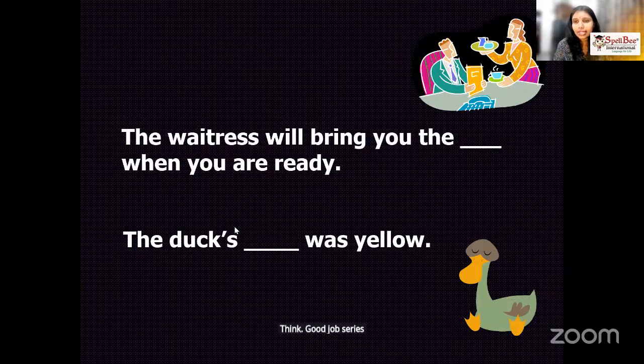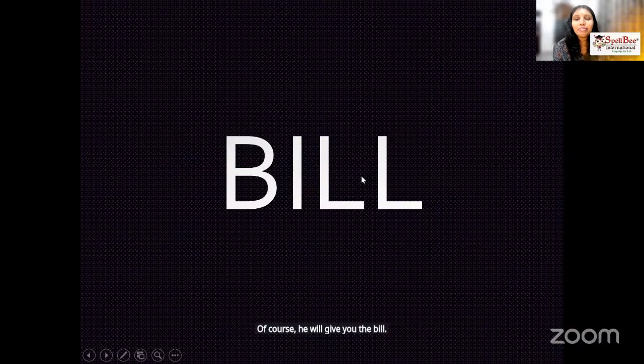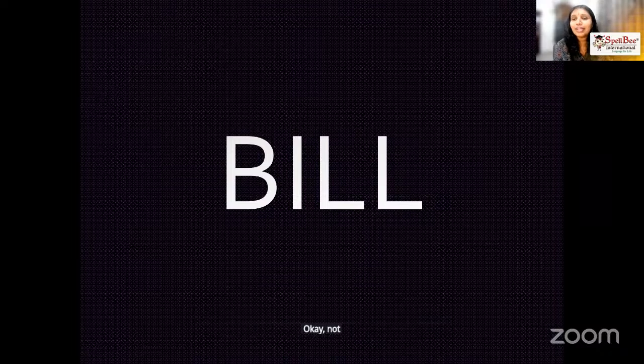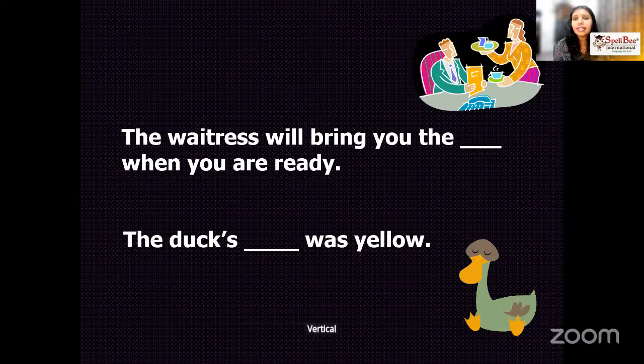That is correct. I'll tell you the word. What will you get at the end of your dining experience? You've had your food. And finally, when you're ready, what will he give you? Of course, he will give you the bill. And a duck's beak is called a bill. Okay? Not beak. It's called the bill. Very good. All good.